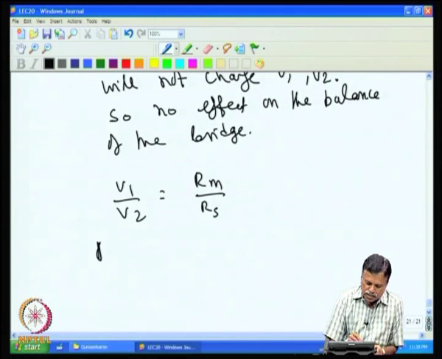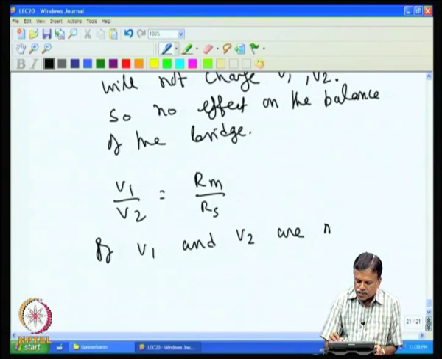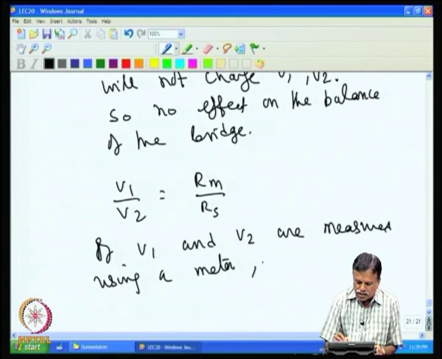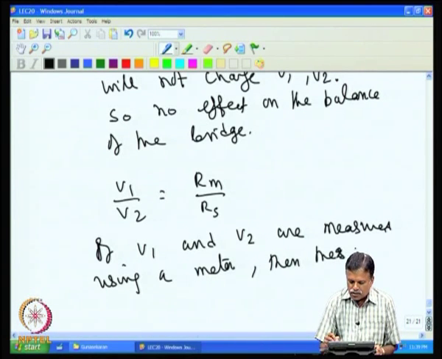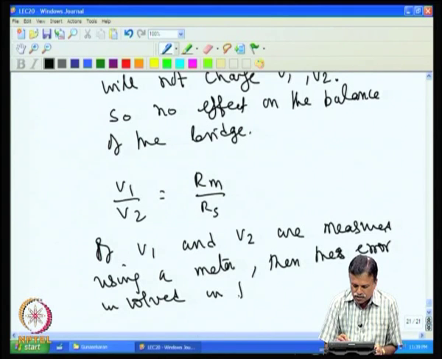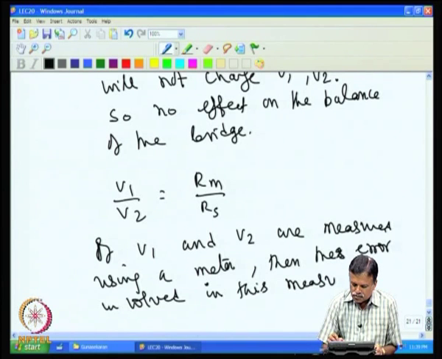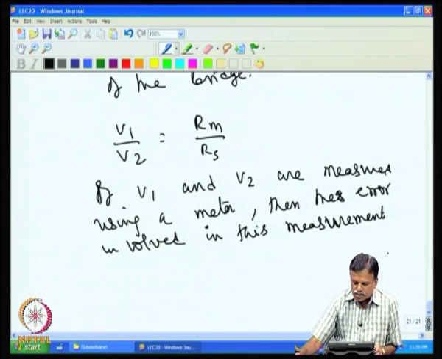If V1 and V2 are measured using a meter, then the errors involved in this measurement also have to be considered.